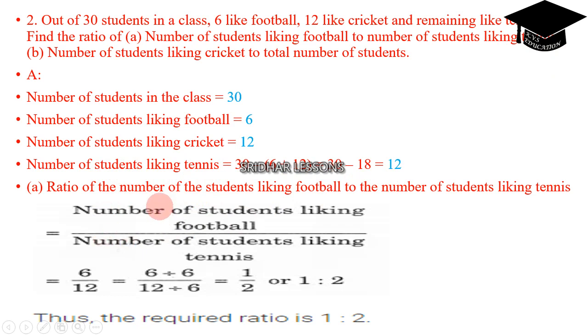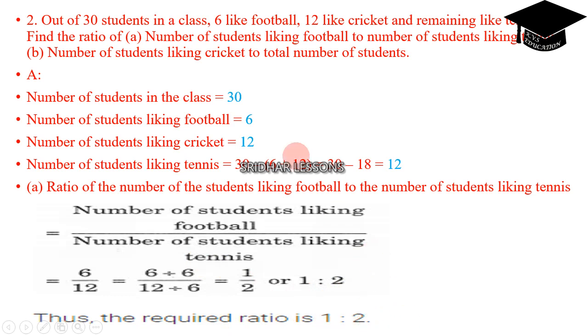So the ratio is the number liking football divided by the number liking tennis, that is 6 by 12. 6 cancels in 12 two times, so this is 1 by 2 or 1 is to 2. So the required ratio is 1 is to 2. This is the answer for question B.